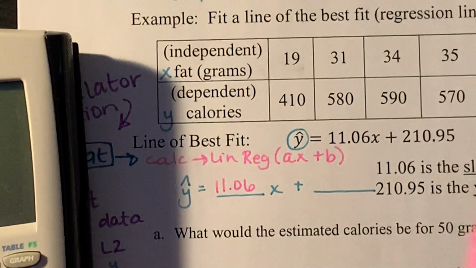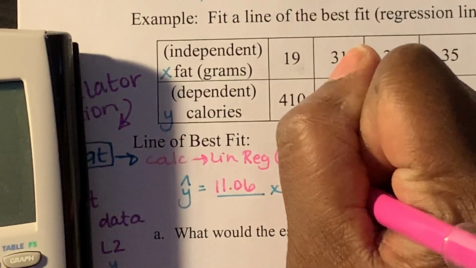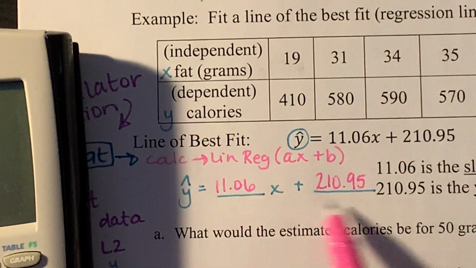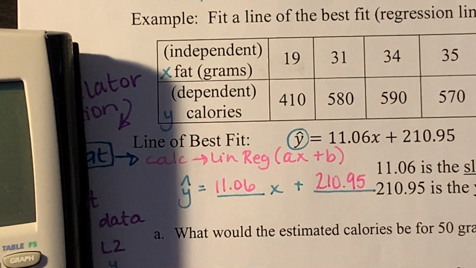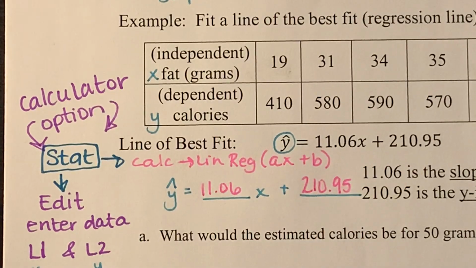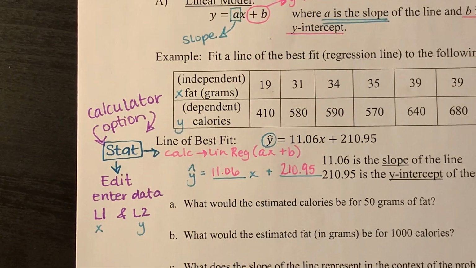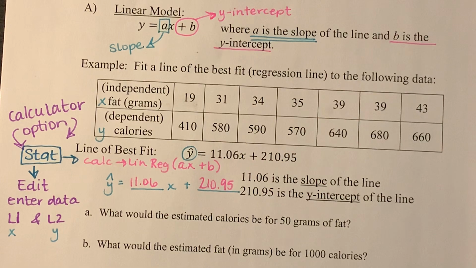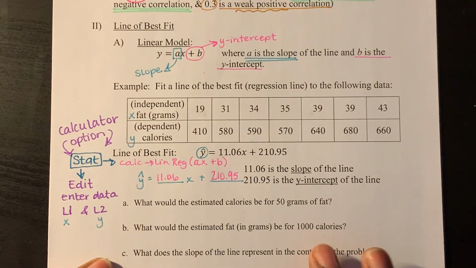So we're going to round that to 210.95. Now I see where they got their values. It all came from the calculator. Okay. All right. So I'm going to zoom back out just a little so we can see more. Okay. So now we have, zoom out one more time. Okay, so now we have our values.